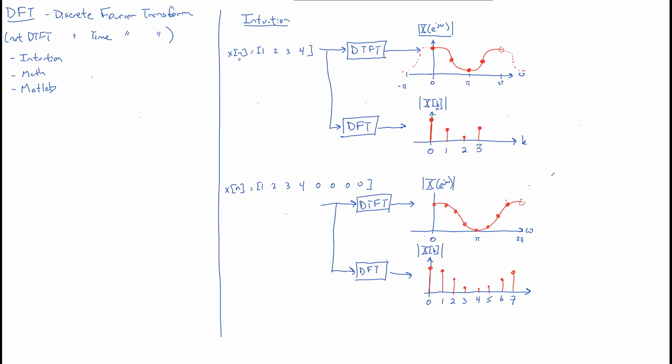Oh, and just notice that this is a length of 4, even though its highest index is 3, right? Our finite length signals go in general between 0 and n minus 1. So this lower one has an n of 8, and so it goes again between 0 and capital N minus 1.